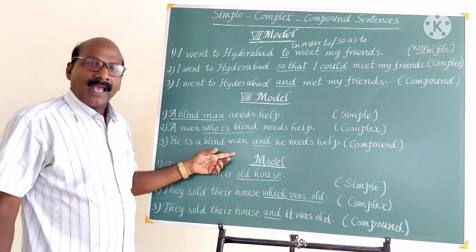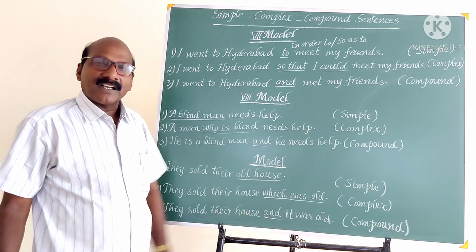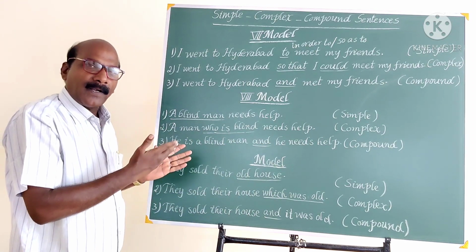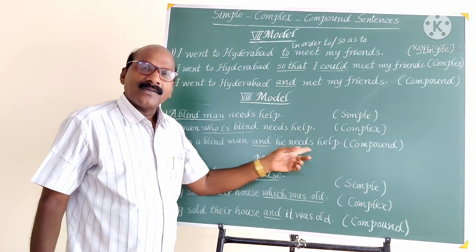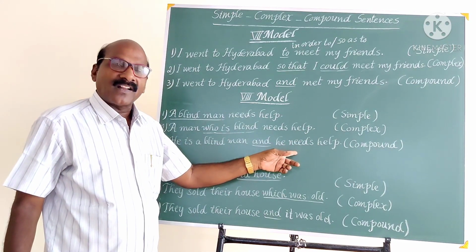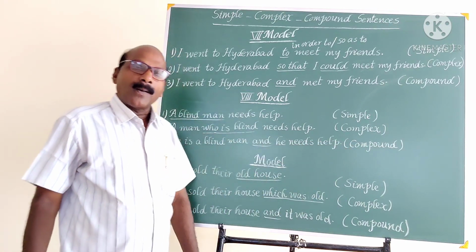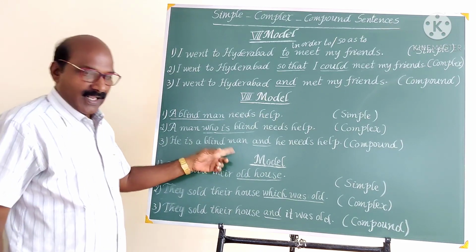He is a blind man and he needs help. This is the compound sentence. He is a blind man. It gives complete meaning, one main clause. And he needs help. It also gives complete meaning. It is another main clause. Combination of two main clauses, that is compound. And this is the ninth model.